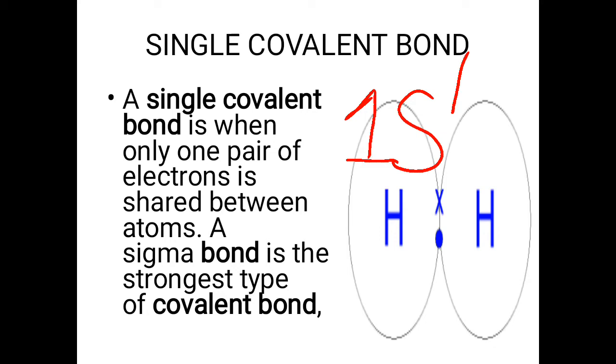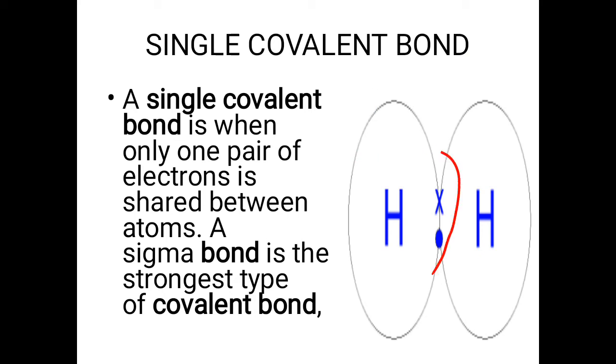So when two hydrogen atoms approach each other to get stability, you know the maximum number of electrons that can be accommodated in the first shell is 2 electrons, and these 2 electrons will be filling the 1s suborbital. So both electrons, one from each hydrogen atom, will be mutually shared to complete their doublet.